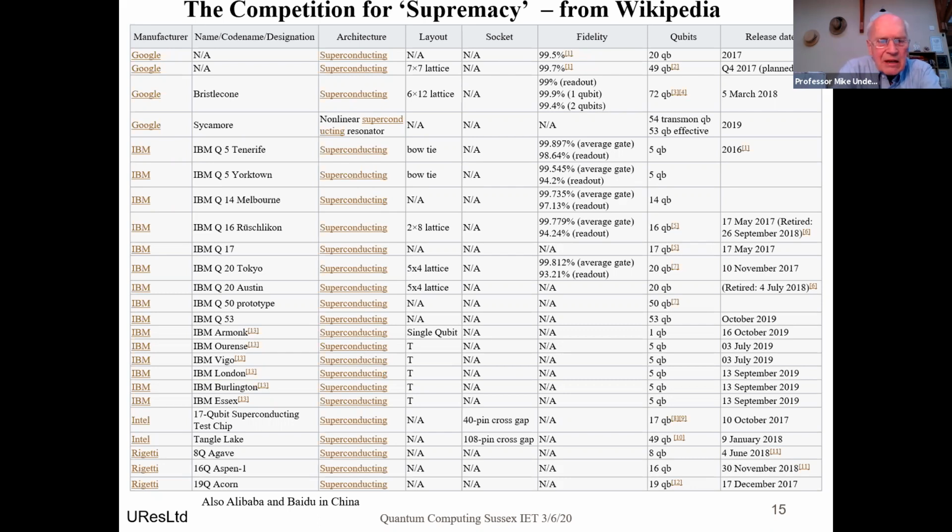This is a year out of date. It gives some idea of how fast things are progressing. It really is changing almost by the month. Intel had a couple of offerings on there, and Rigetti, whom I don't know much about, also had 3 offerings. But also note right at the small print at the bottom, let's use the arrow down here, Alibaba and Baidu in China are also reported to have something going, but needless to say, there is not much in the way of details coming out.